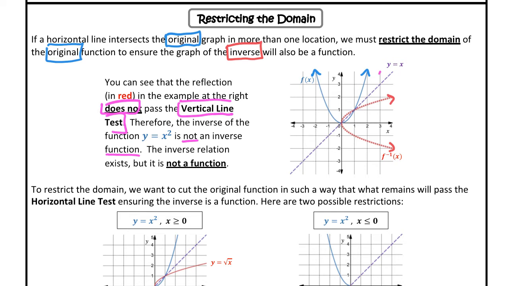Okay, so if I draw a vertical line here, it's going to hit the function here and here. So the red graph doesn't pass the vertical line test, so we can't say that the inverse is a function. So what we have to do is restrict the domain.